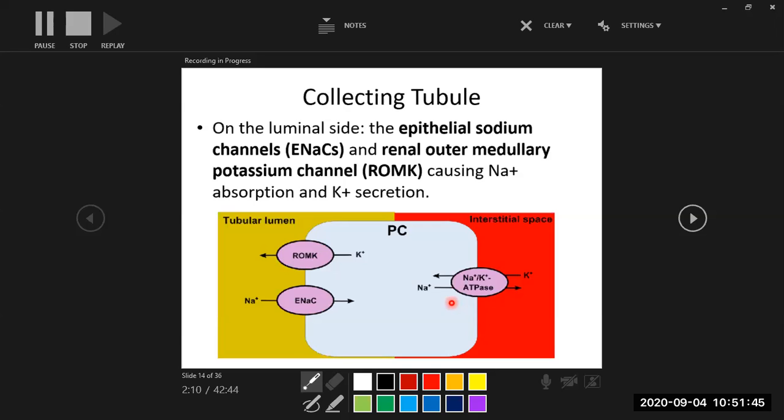And that will increase the activity here. By doing so, it will pump more potassium into the cell. When they pump more potassium in, there will be more potassium leaking out. So when we have more potassium leaking out, our body loses potassium, and gradually we will develop this hypokalemia.